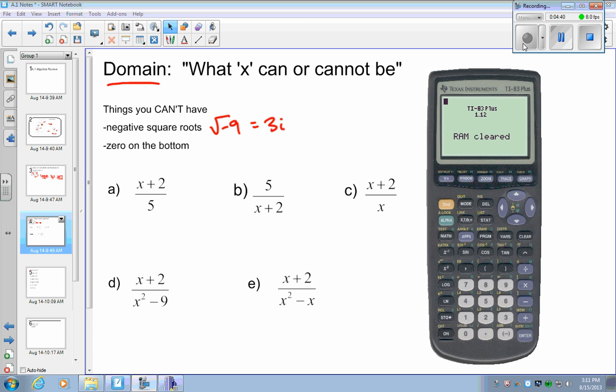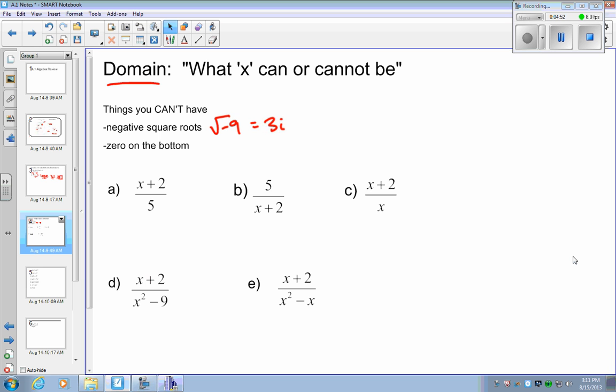If you don't believe me about the zeros on the bottom, see what your calculator says. So try 9 divided by 0. It's going to say error, divided by 0. Okay, so those are basically the 2 things right now we're going to try and look out for. Okay, 5 different examples here for you guys. So what can x be or what can it be? If you look at A, there's no square roots. We don't have to worry about that.